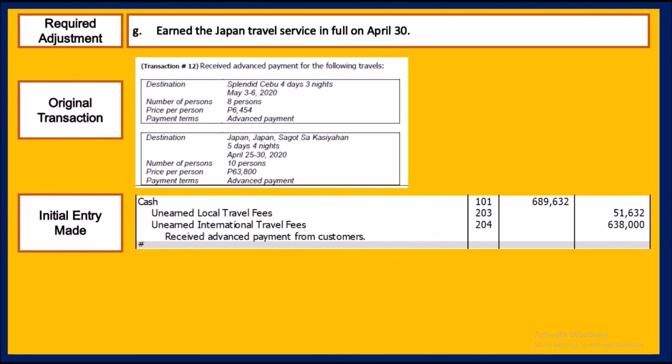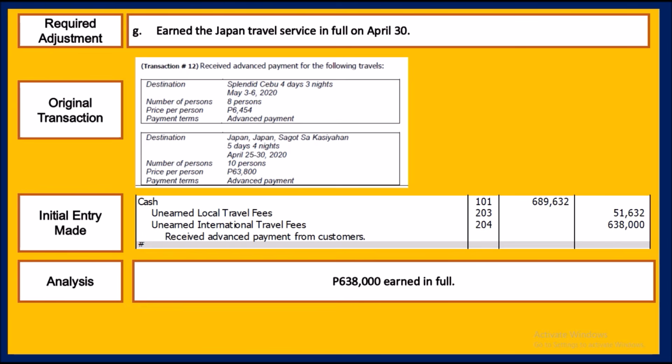Nung una, ang ginawa nating entry dyan ay unearned muna syempre. Debit cash for the full amount, unearned local para dun sa Cebu, and then unearned international para dun sa Japan. Na-earn na natin yung Japan Travel Service noong April 30. Remember, una po natin siyang ni-record as liability. So, ang gagamitin po natin ay liability method.